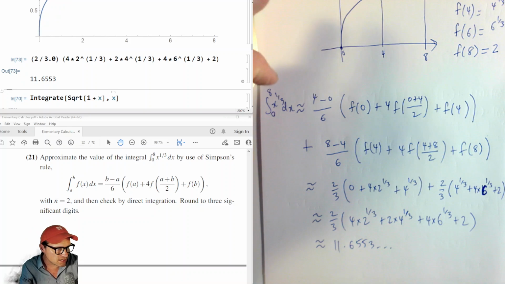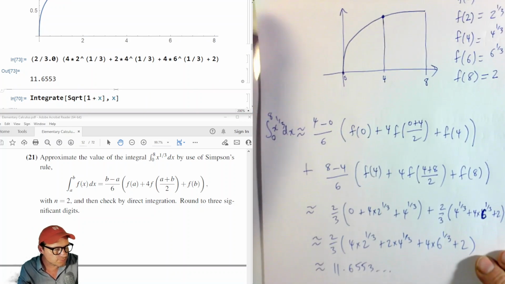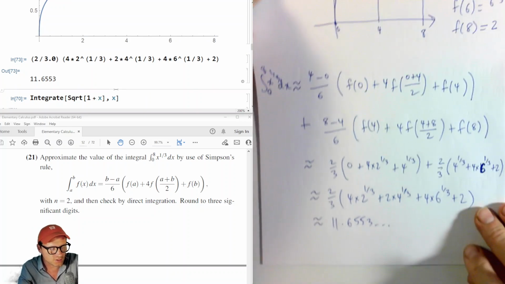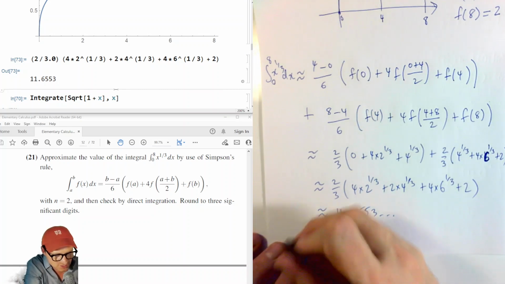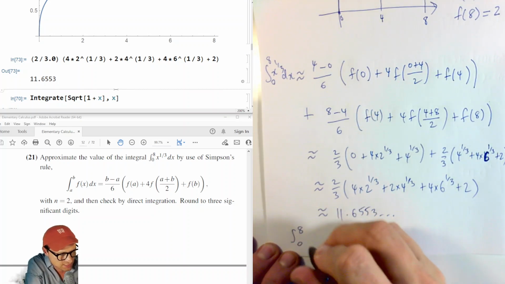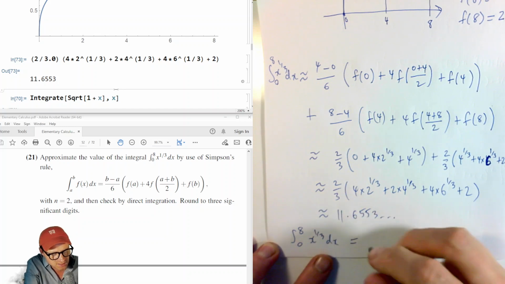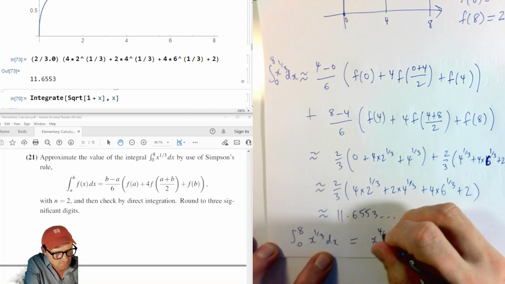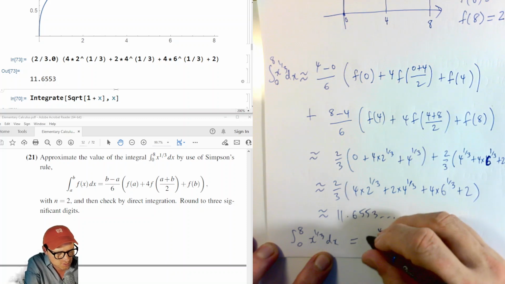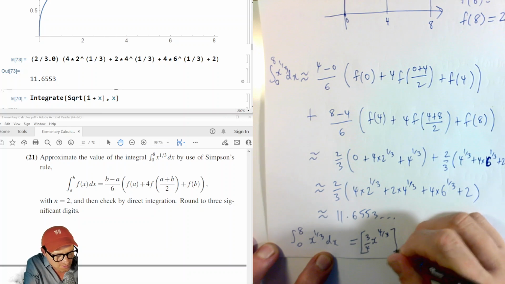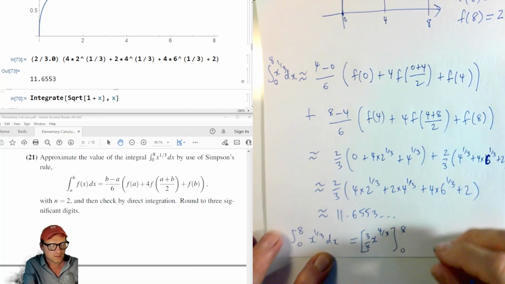All right, now let's get an exact integral for this one. So to do this exactly, we can do this easily by hand. So 0 to 8, x to the power of 1/3 dx. So we add 1 to the exponent, we get 4/3. Divide by the new exponent, so that puts a 3/4 in front. And then we evaluate this from 0 to 8.